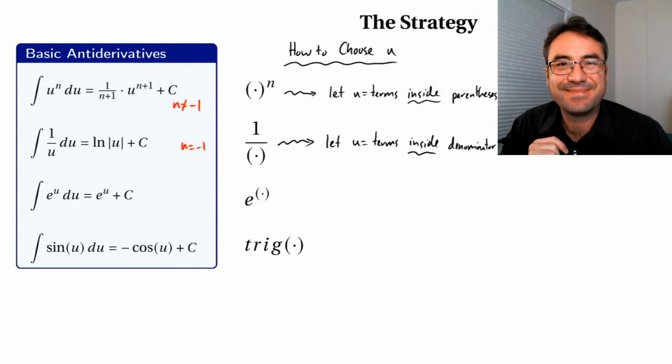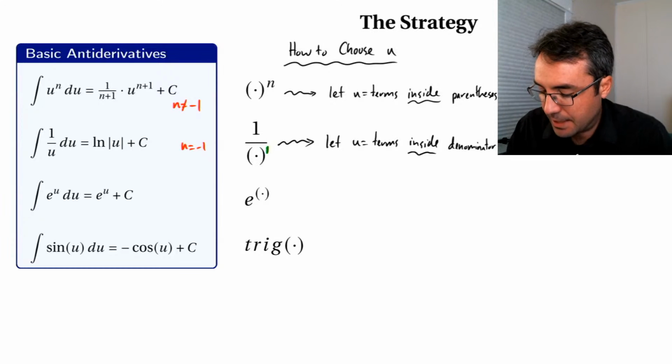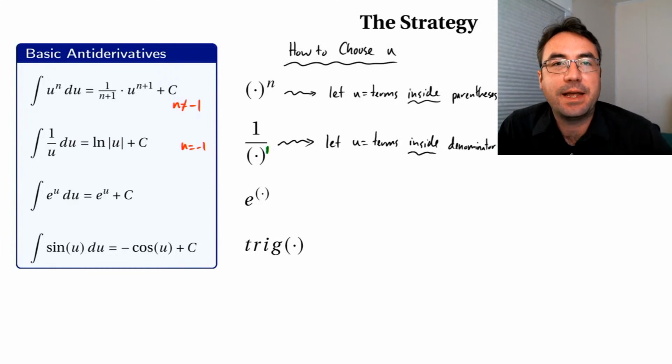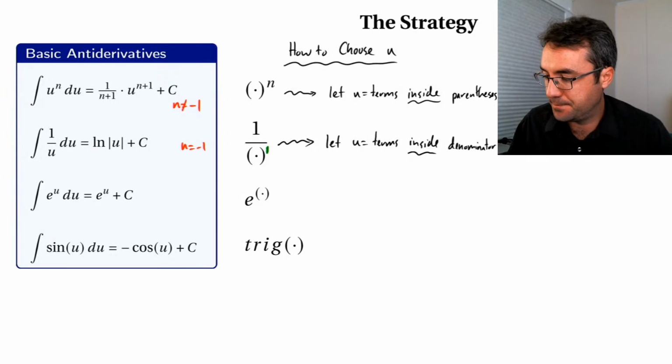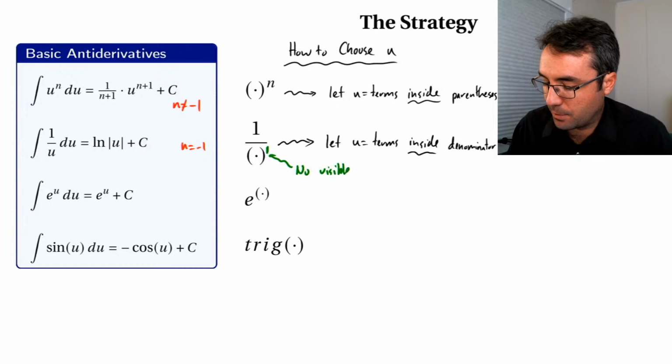One little exception to this, one little caveat, is only if that has an exponent 1. So it might be like no visible exponent. We don't normally write an exponent of 1.